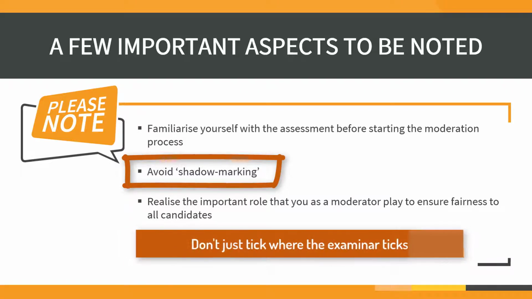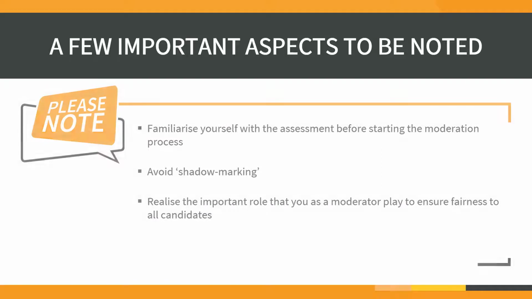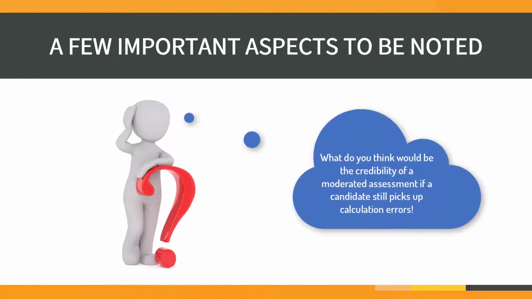Don't just tick where the examiner ticked. You should also avoid ticking on top of the ticks of the examiner. It may create the impression of shadow marking. Realize the important role that you as a moderator play to ensure fairness to all candidates. What do you think would be the credibility of a moderated assessment if a candidate still picks up calculation errors?